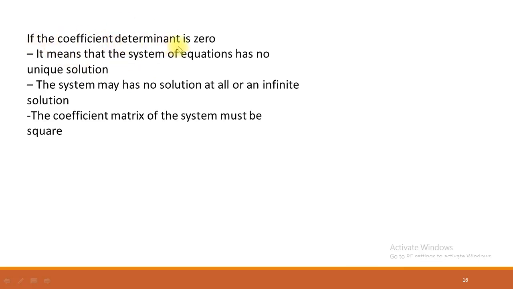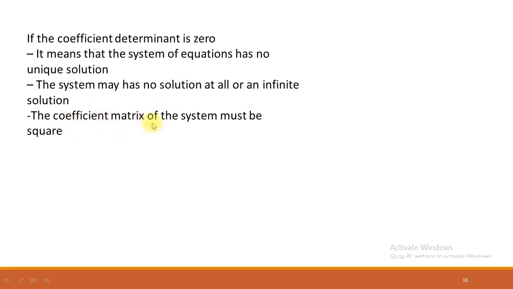If the coefficient determinant is 0, as I have already told you in the previous slide, then it means that the system of equations has no unique solution. It does not mean that the system has no solution. It is clear that the system of equations has no unique solution. Maybe the system has no solution at all, or infinitely many solutions.